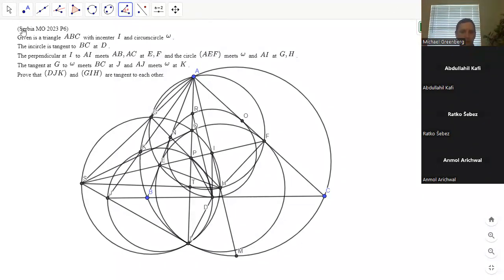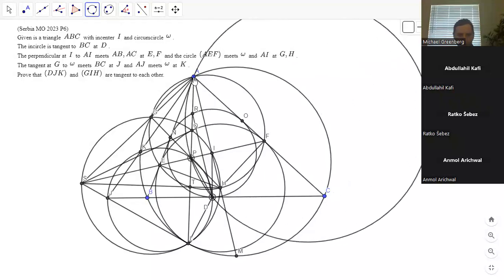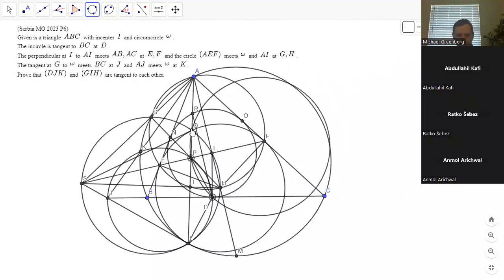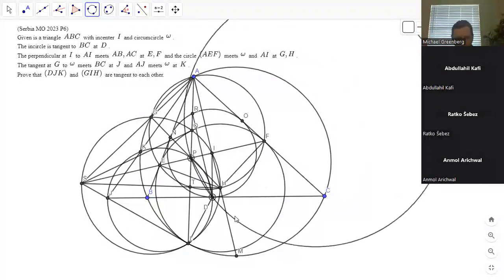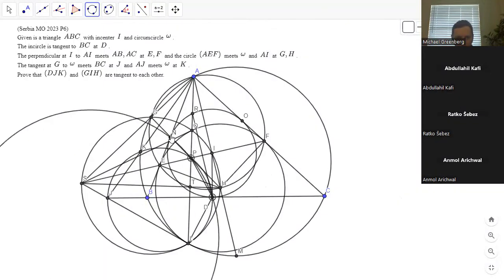Maybe AP. I wonder if there's some cyclic quad here that we're missing. Maybe not.